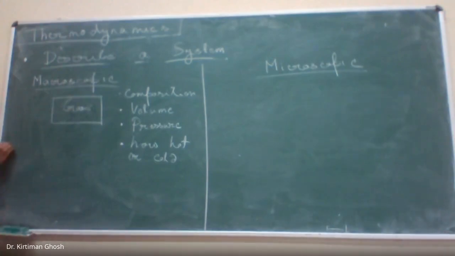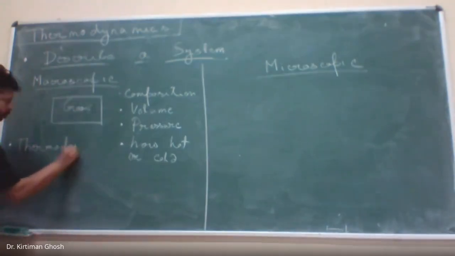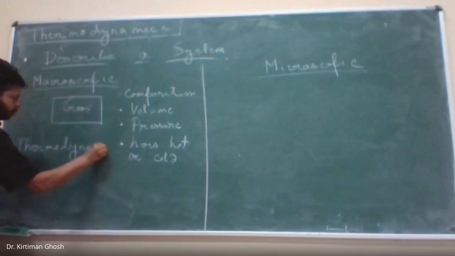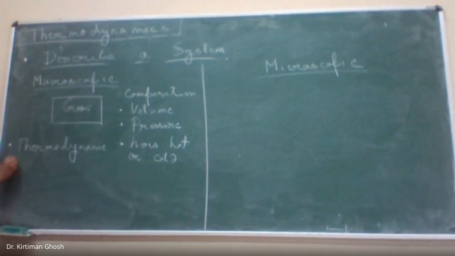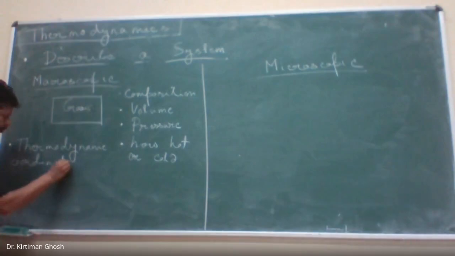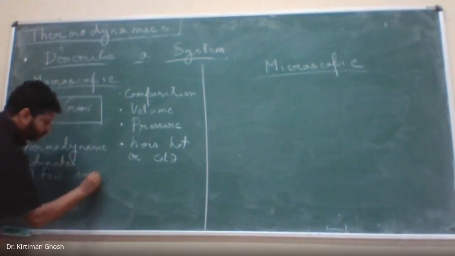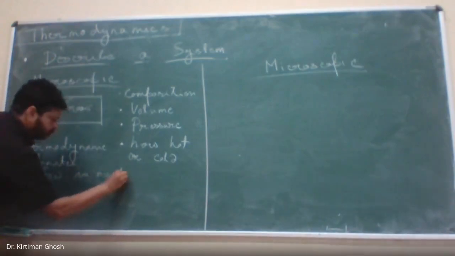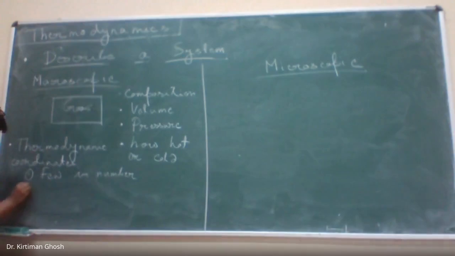So this is what we call a macroscopic description of the system, or the thermodynamic description, and these properties are also called thermodynamic coordinates. Number one, they are few in number. Number two, they are easily measurable.